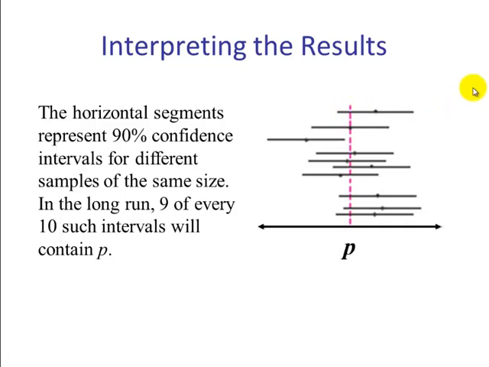In this case, this one contains p. If we were to get a sample and produce this confidence interval, in this case this confidence interval does not contain p. But we see in the long run we expect 90% of the confidence intervals to contain p, 10% not.